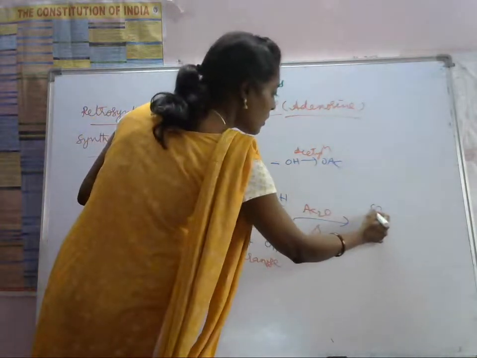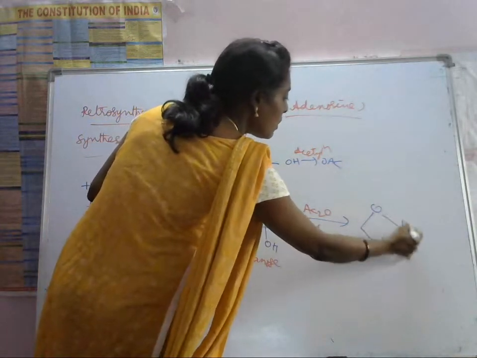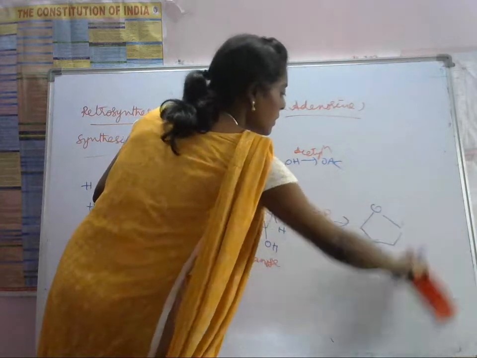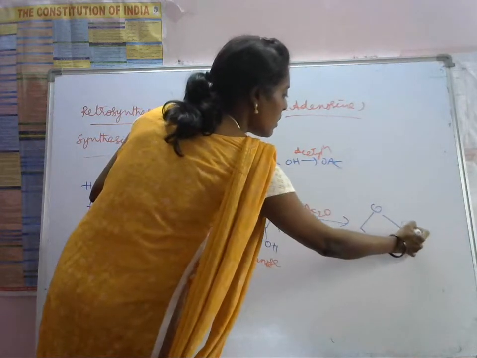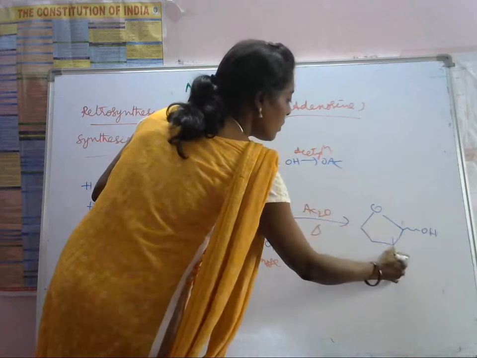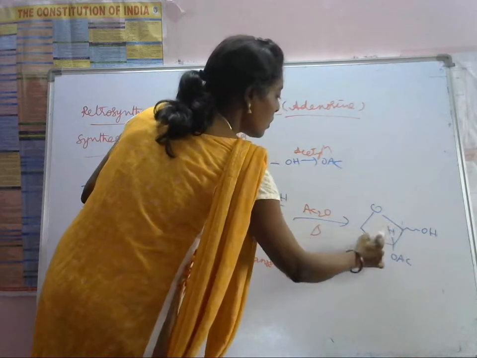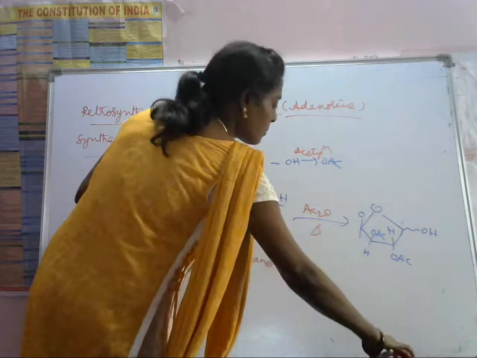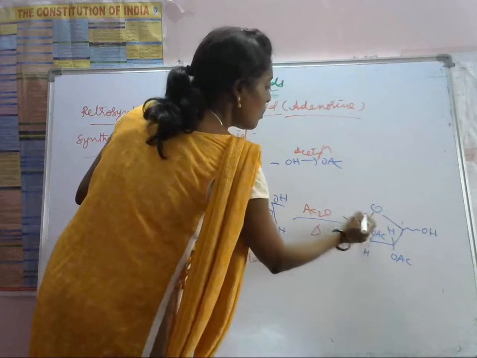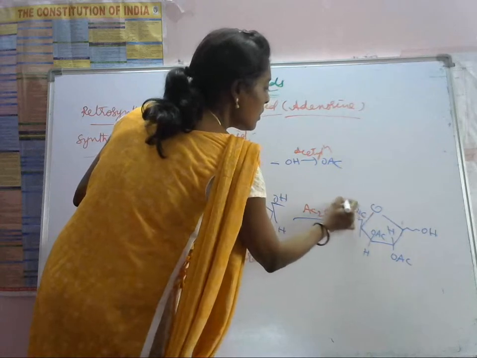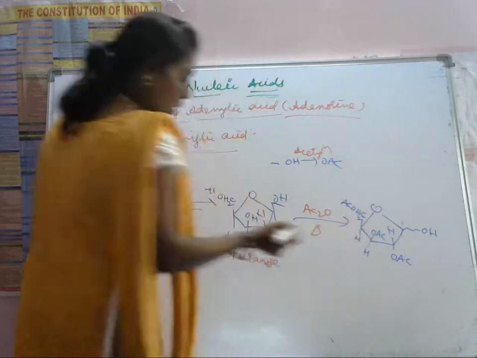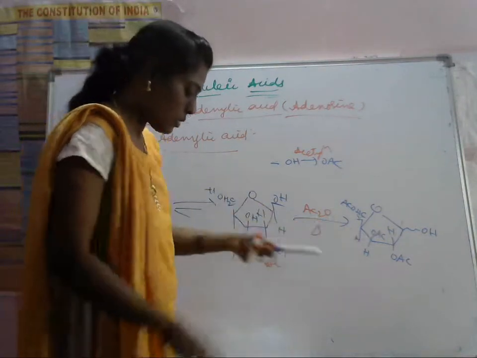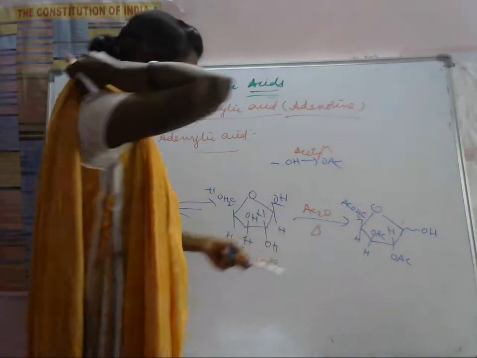Let's see this one. Here OH will be there, so we have to write OH here, OAc, H, OAc, H, here CH2OAc, H. We are doing acetylation, giving O-acetyl ribose.